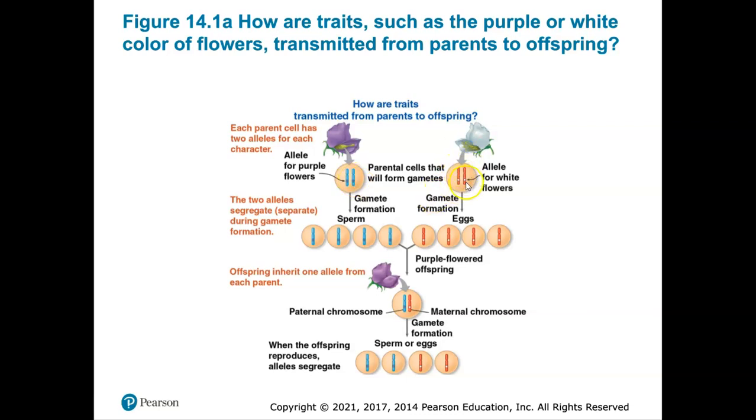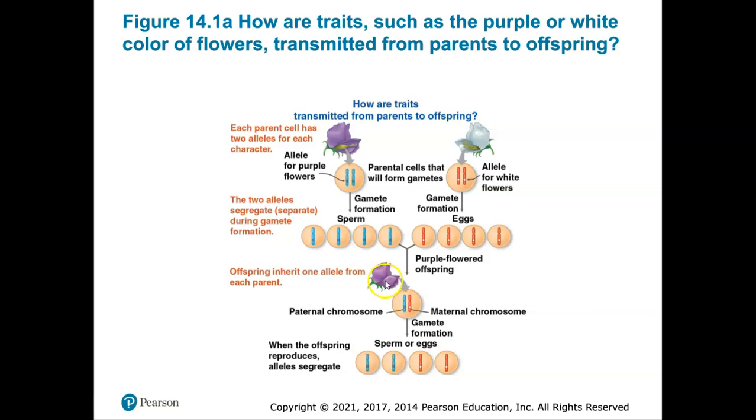One of these alleles came from the sperm, one came from the egg. That made this white flowered plant and then this purple flowered plant. So they have two alleles for each trait, but they're only going to give one of those to their offspring through their sperm or egg. Okay? So every parent has two alleles for each trait and gives only one of those alleles to their offspring.